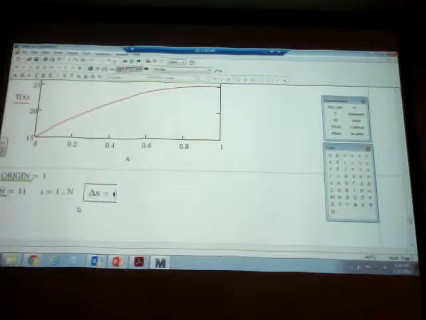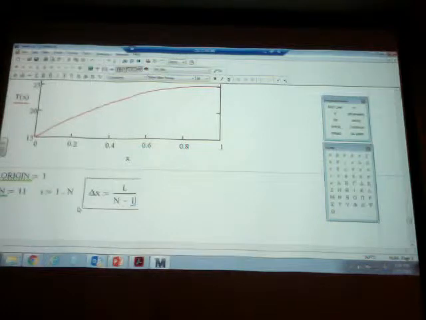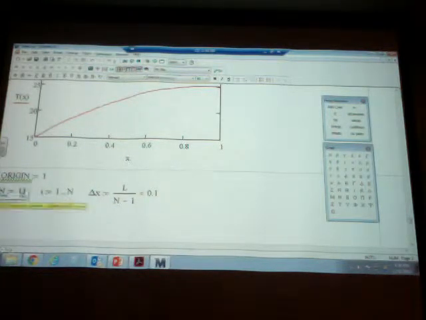X, what is delta x? It is equal to L divided by the number of segments, n minus 1. So L is equal to 1. If I say equal, it will tell me delta x is 0.1 in this case. And this will parametrically change if I make n equal 21. This will be 0.05 and so on and so forth.